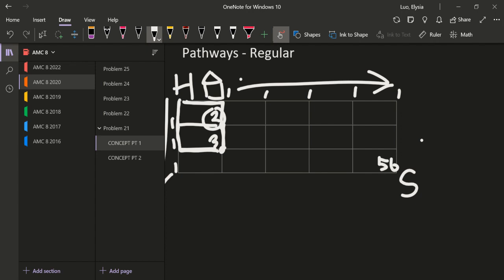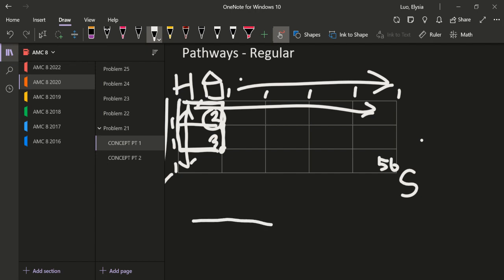quickly. So, what we can utilize is a factorial. So, how does this work? First, figure out what by what your grid is. So, in this case, it's a 3 by 5 grid. So, what's 3 plus 5? It equals 8.